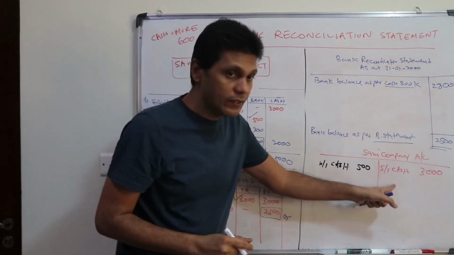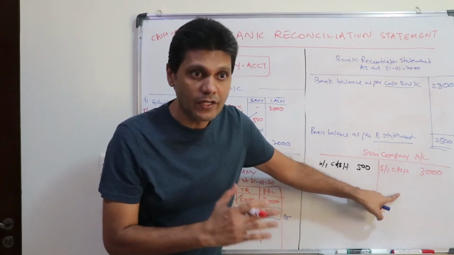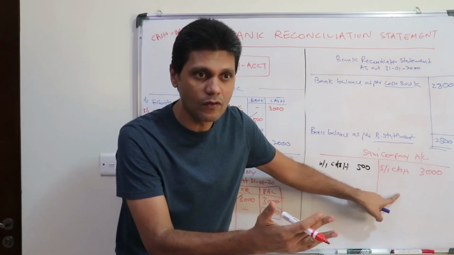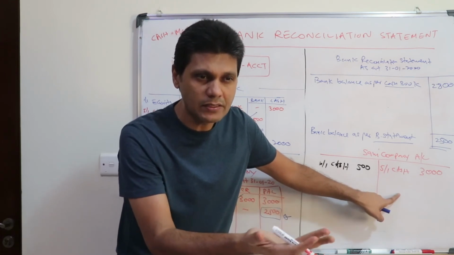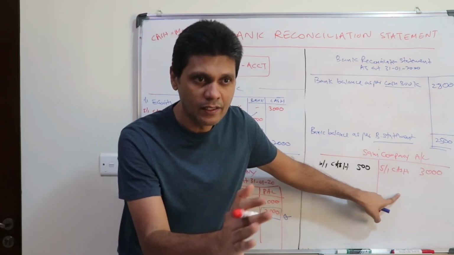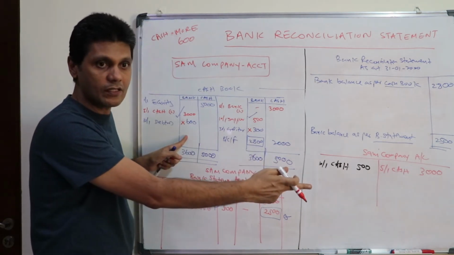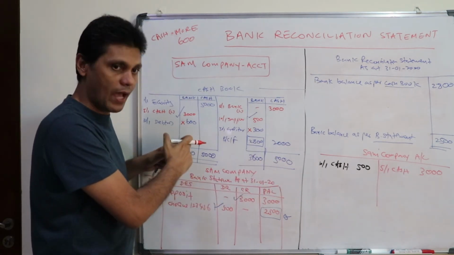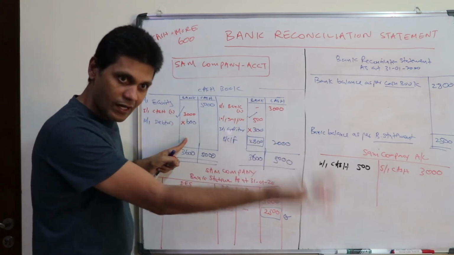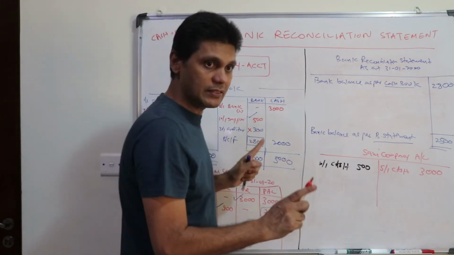However, it did not get realized. So therefore it did not go to the bank. It did not get updated in our bank account. So therefore the bank balance is less by 600. Is that clear? In our cash book we debited, but the bank did not credit. So our balance is more by 600, their balance is less by 600. Clear? Okay.